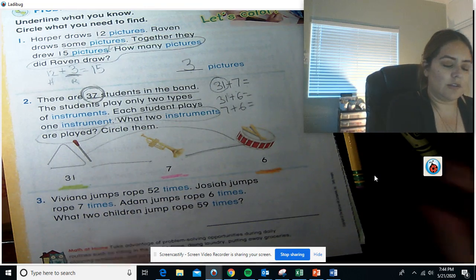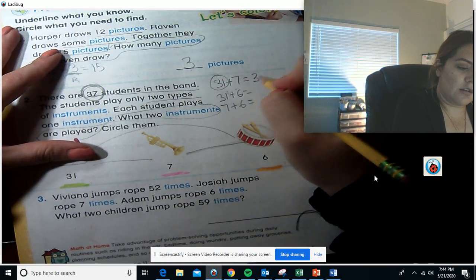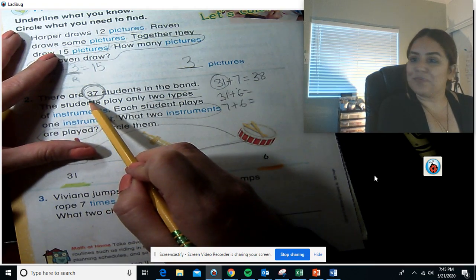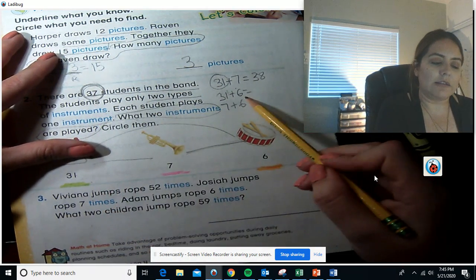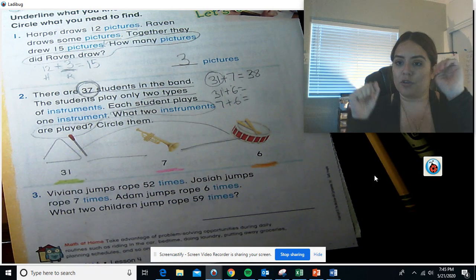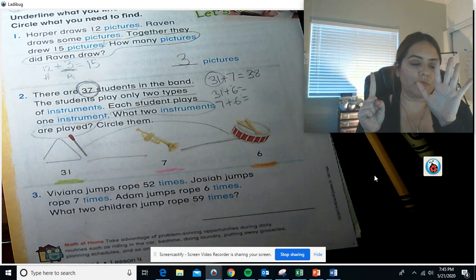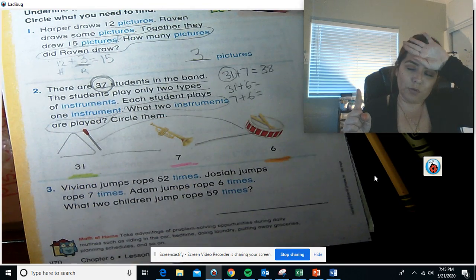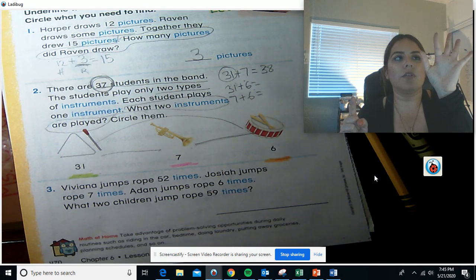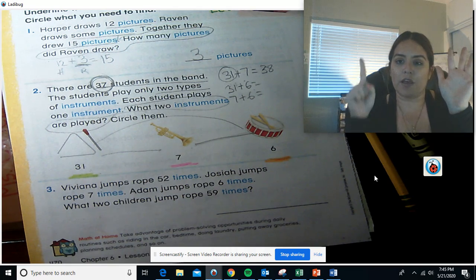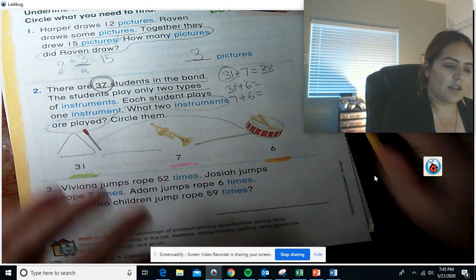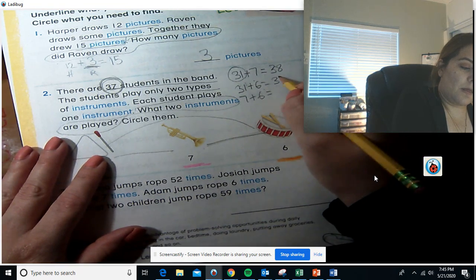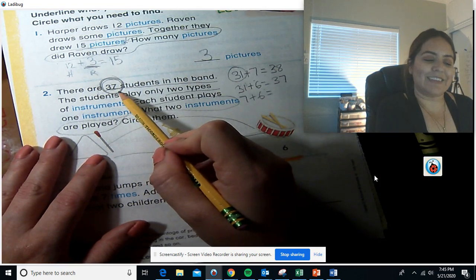So our answer is 38. Does that match 37? No. Let's try 31 plus 6. Now show me 6 fingers. We're going to put the big number in our head, 31. 31, 32, 33, 34, 35, 36, 37. Does that match? Yes, it does.